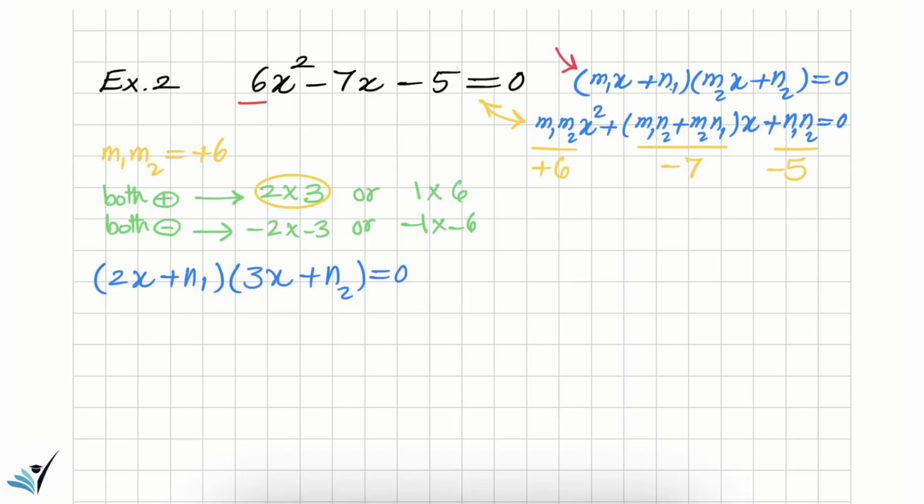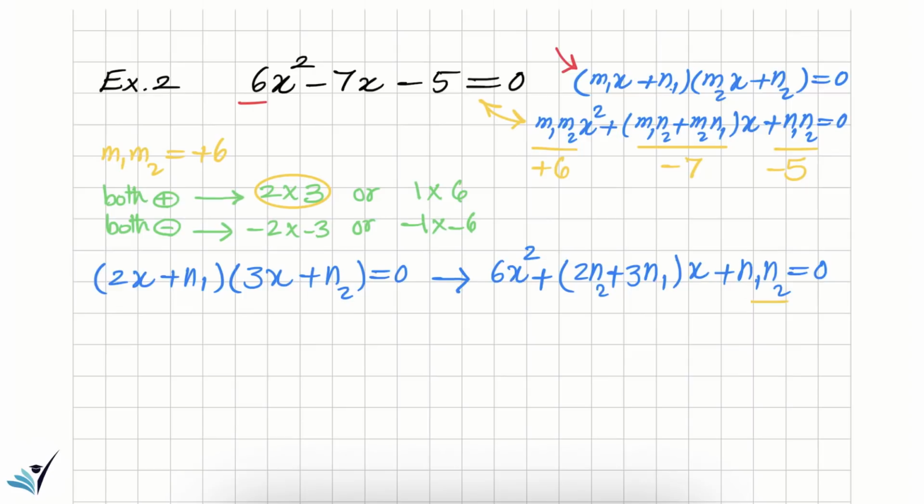And if we use distributive property to do the multiplication, we would get 6x squared plus (2n2 plus 3n1) times x plus n1 times n2 equals 0.